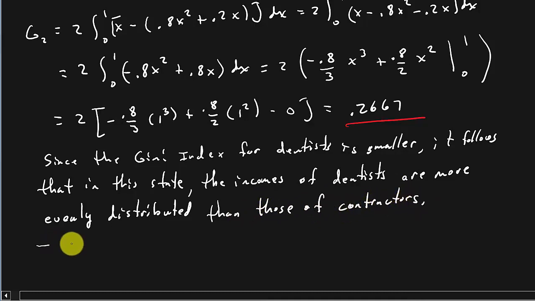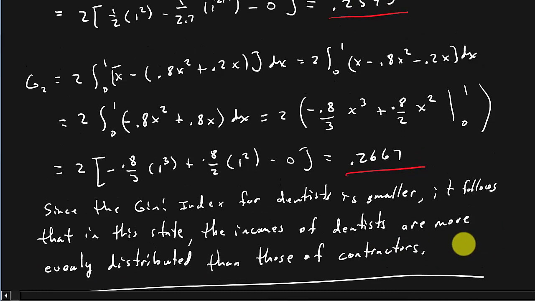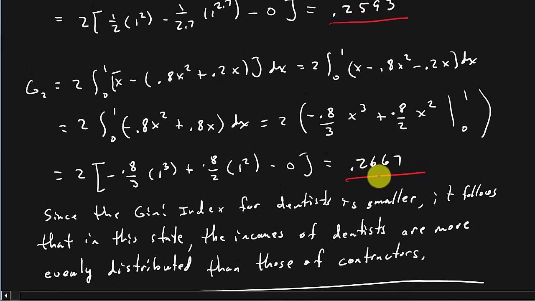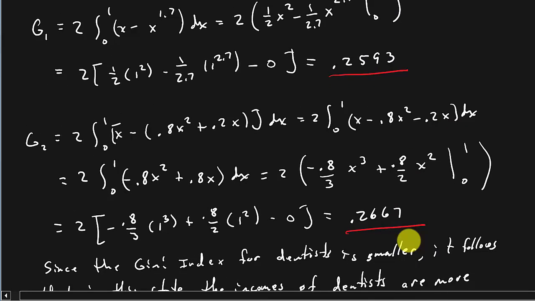So that's what we found. Because this value is smaller than this one, it means that the dentists are more evenly distributed. Okay?